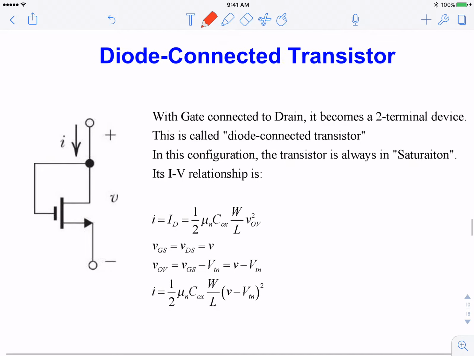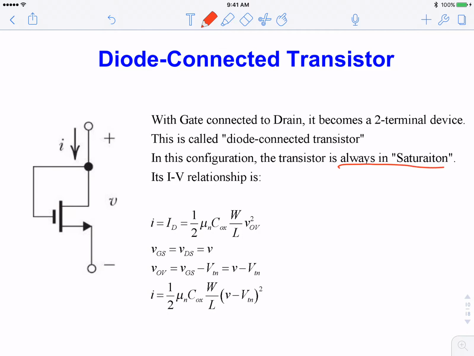It's always in saturation. Why? Because VGS is equal to VDS, and V overdrive is equal to VGS minus VTN. For NMOS, this usually is a positive number.